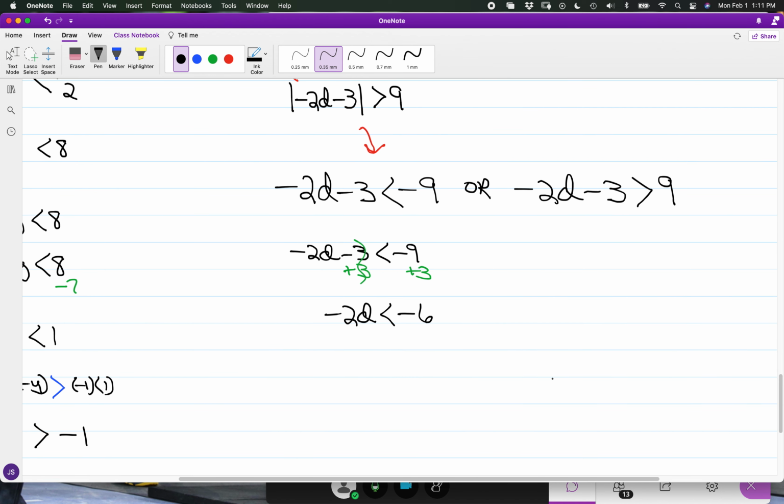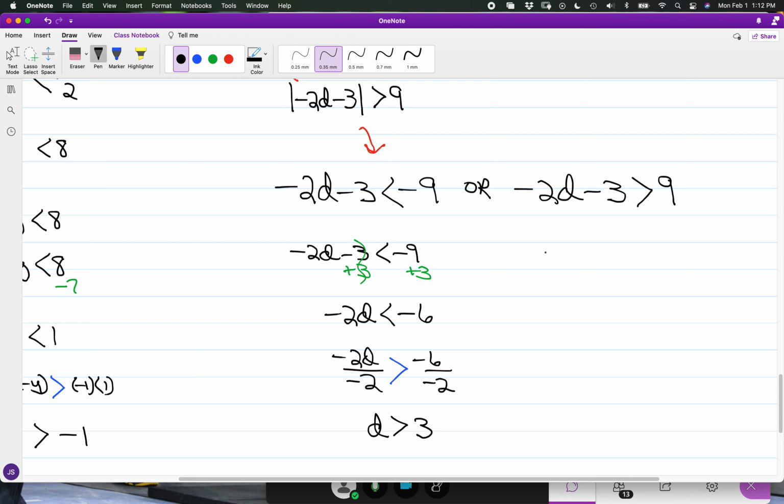And upon dividing by negative 2, again, the direction is going to change. So negative 2d over negative 2 becomes d, and d is going to be greater than 3.